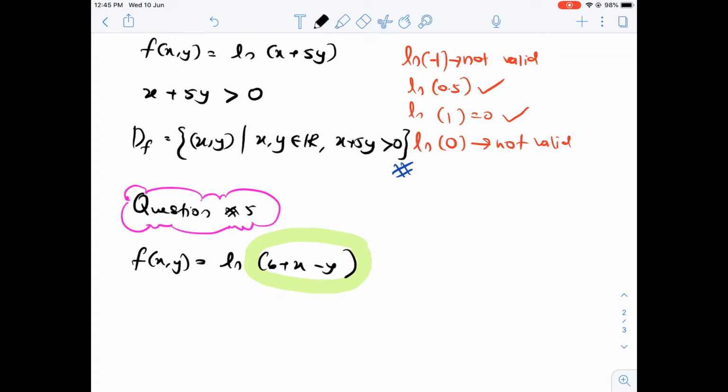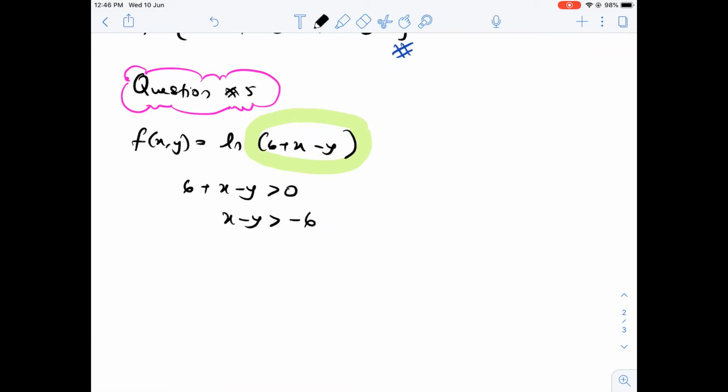So we will have 6 + x - y > 0, so x - y > -6. We need to change the sign. If you want to change the sign, you can have negative x plus y less than 6.